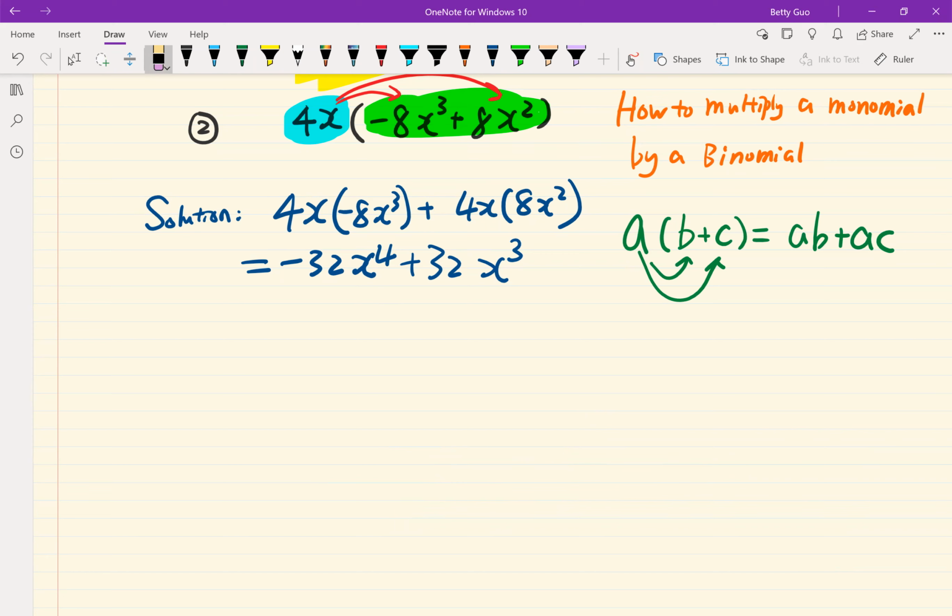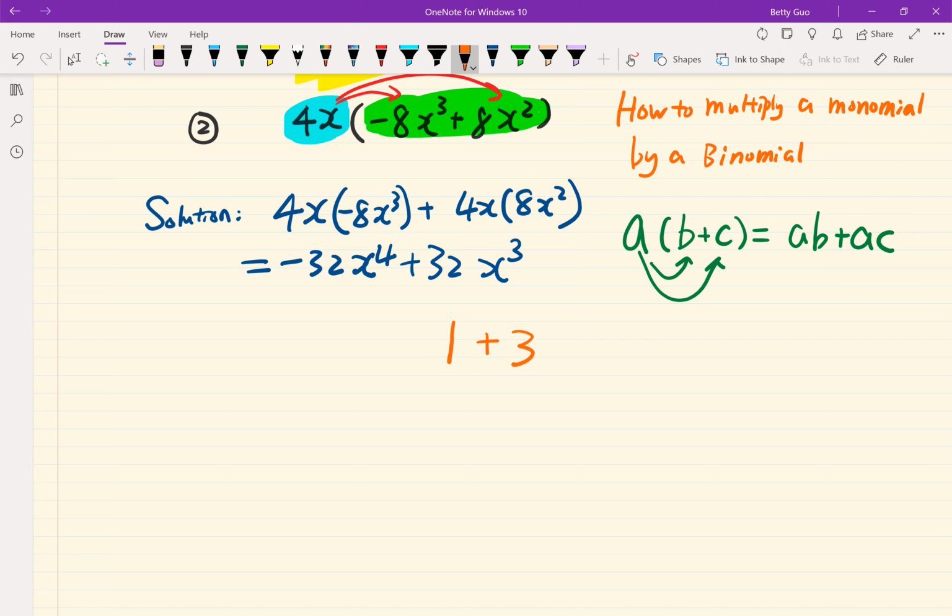Could you tell me what's the degree of the green monomial? Degree of the blue, I'm sorry. Degree of the blue monomial, 4x. What's the degree of 4x? 1. Very good. What's the degree of the green binomial? The degree of a polynomial is the biggest exponent. 3, right?